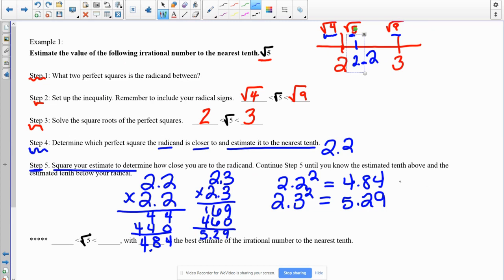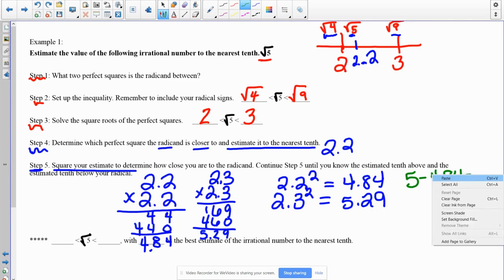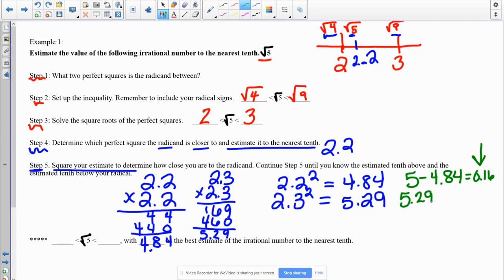So I'll take this top one first: 5 minus my first estimate of 2.2 squared is equal to 0.16. I'm just subtracting to see the difference, to see how far off I am from 5. So right now I am 16 hundredths off from 5. Let's check the other one. I'll put the bigger number first so I don't get a negative.